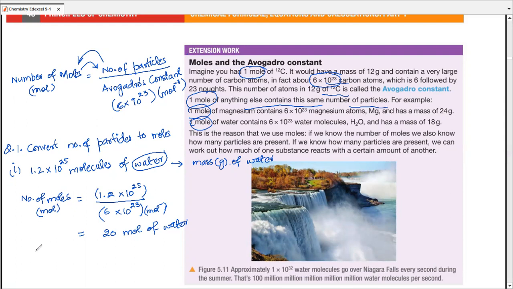Can you? Remember the formula was mass in grams is equal to number of moles into MR, if MR is taken in gram per mole. And the unit for this one is mole, so let's write over here. So apply the formula, get the mass.